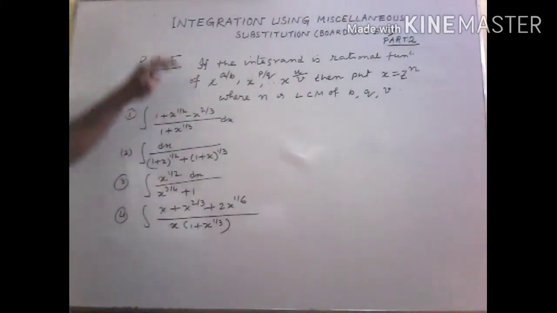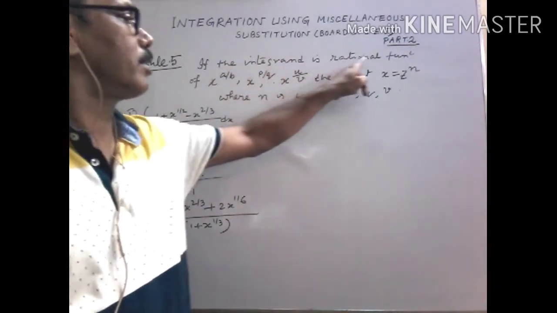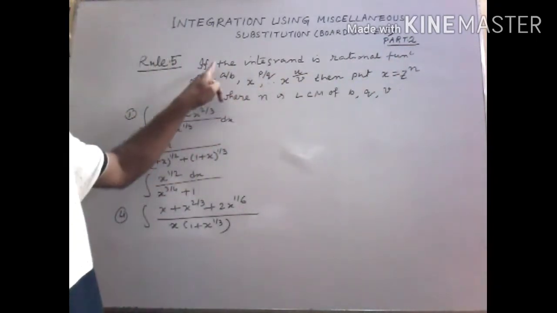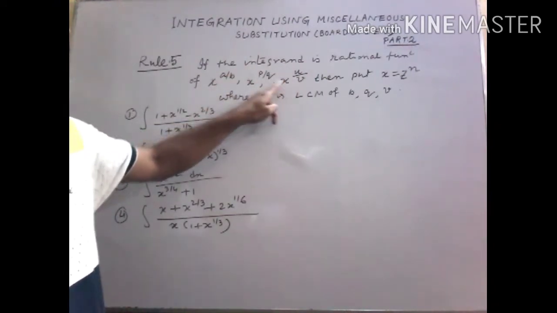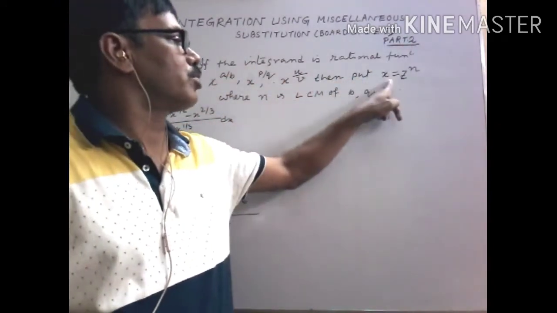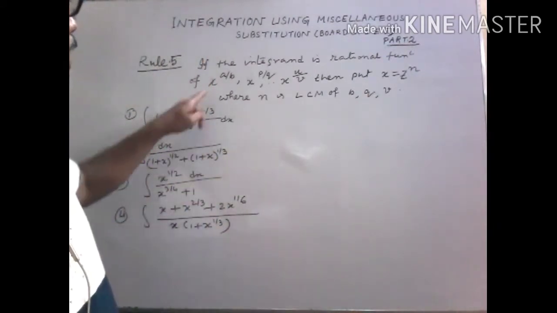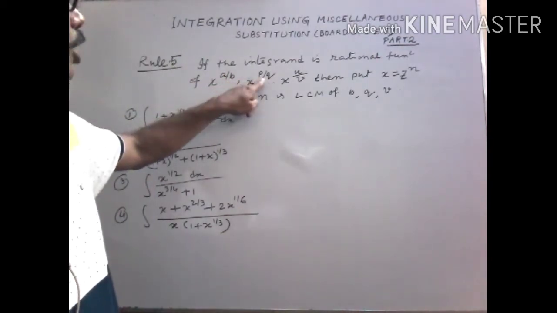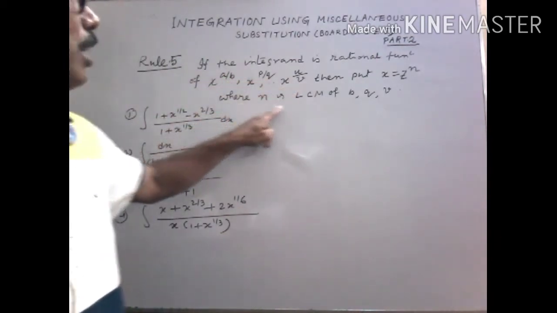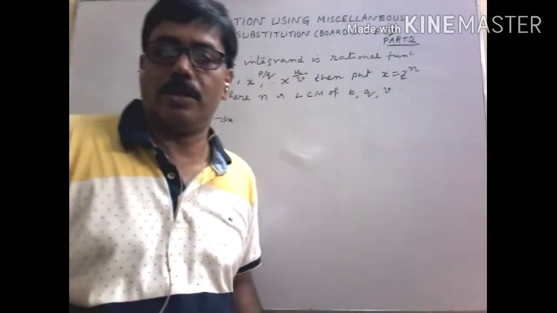Now we consider rule number 5. If the integrand is a rational function of x to the power a by b, x to the power p by q, x to the power u by v and so on, then put x equals to z to the power n. So what is n? n is the LCM of the orders b, q, v.